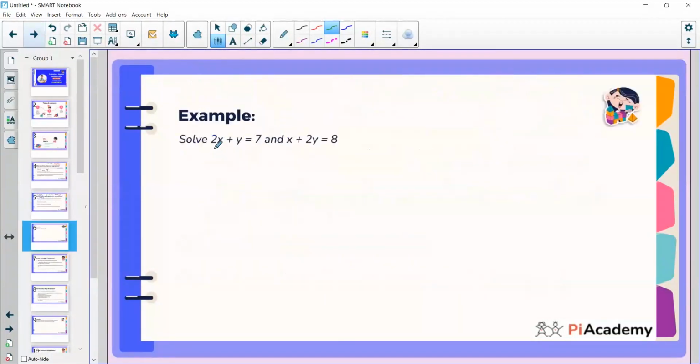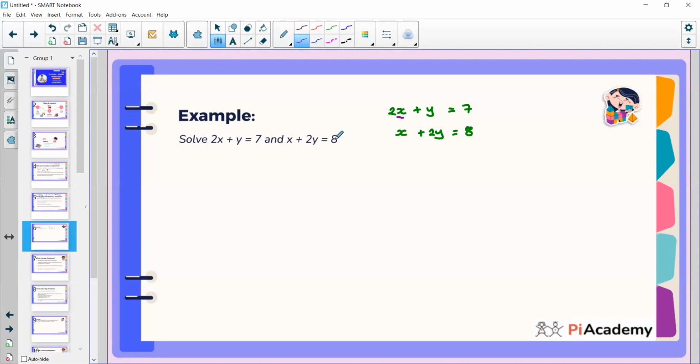Okay. So over here, we got one simple example, which is 2x plus y equals 7 and x plus 2y equals 8. So now, what was our first step? Compare the coefficients and try to make the coefficient the same. Okay, we just need to make the coefficient the same for just one variable.